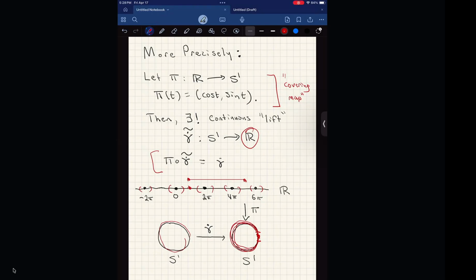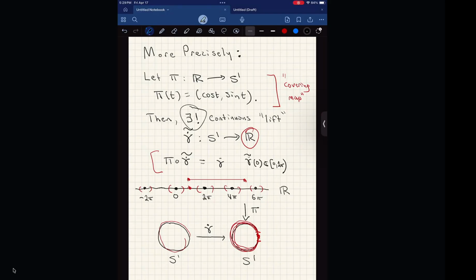If I'm saying there's a unique lift, I do need to say that the lift starts at some point. Let's say this gamma tilde at 0 is in 0 to 2 pi. So I have some initial value, and then there's a unique lift.